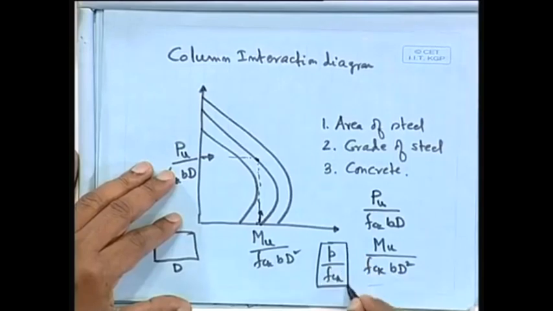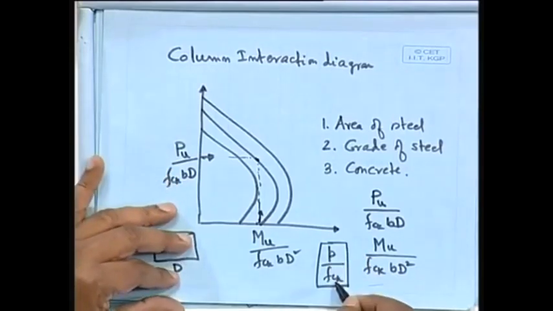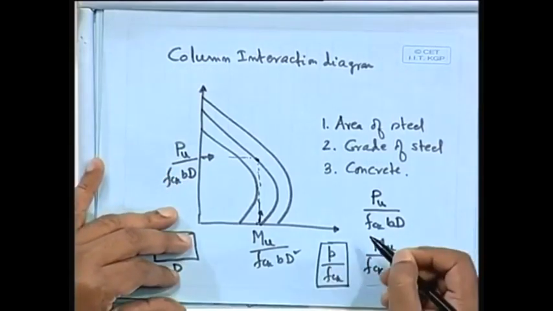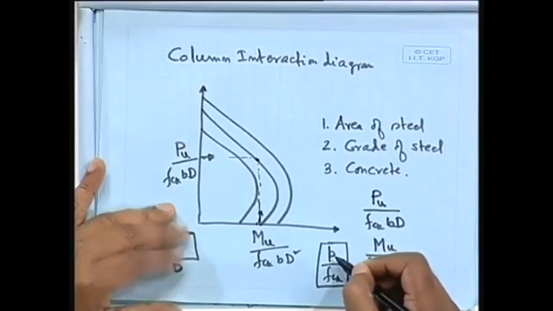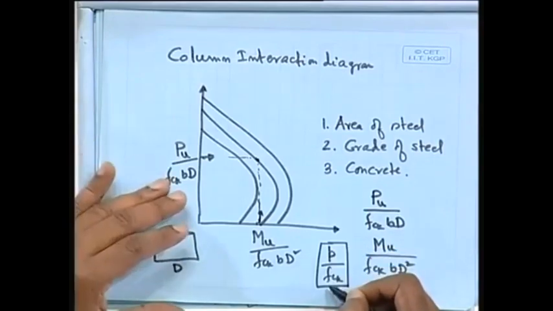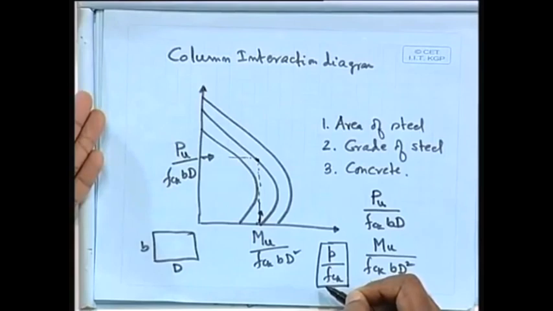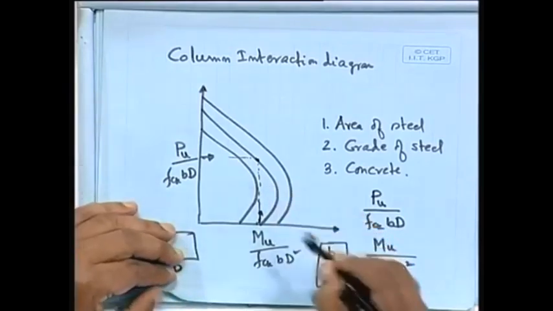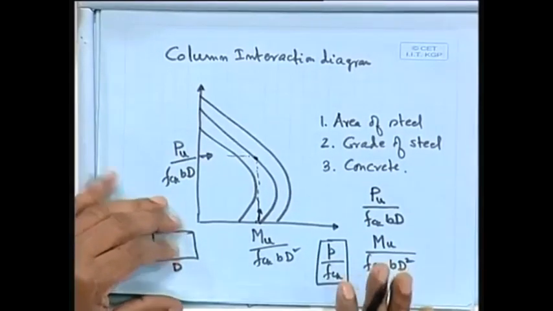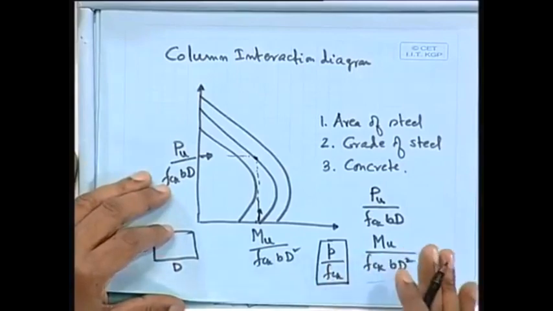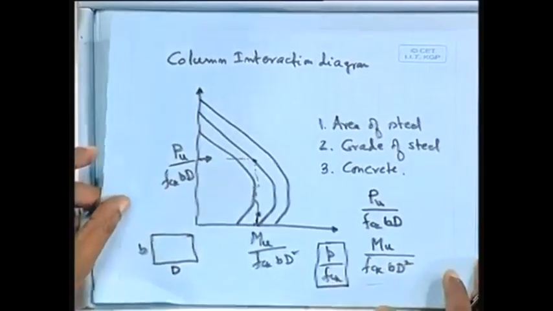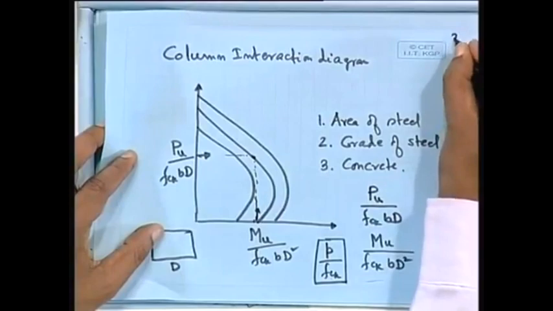If I get that P by FCK, then I can find out the percentage of steel. P means the percentage of steel divided by FCK, the concrete grade you are using. So, let us try one problem, then I think it will be clear.